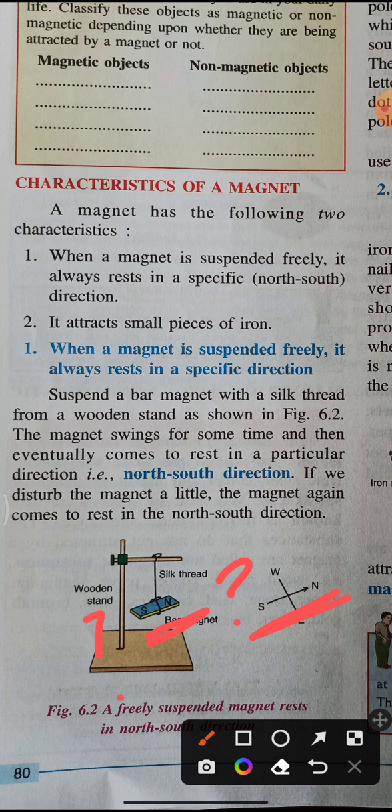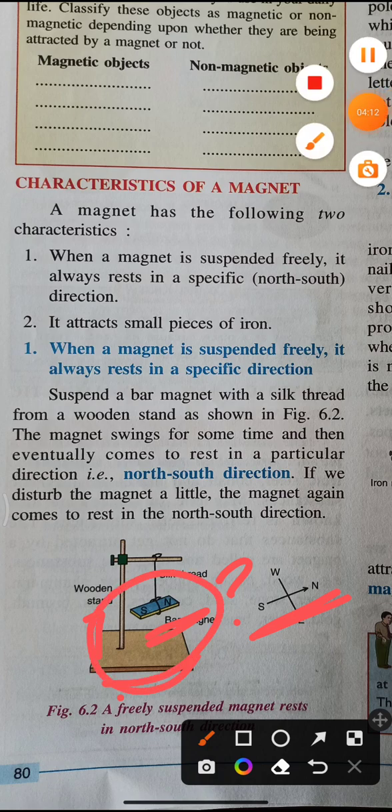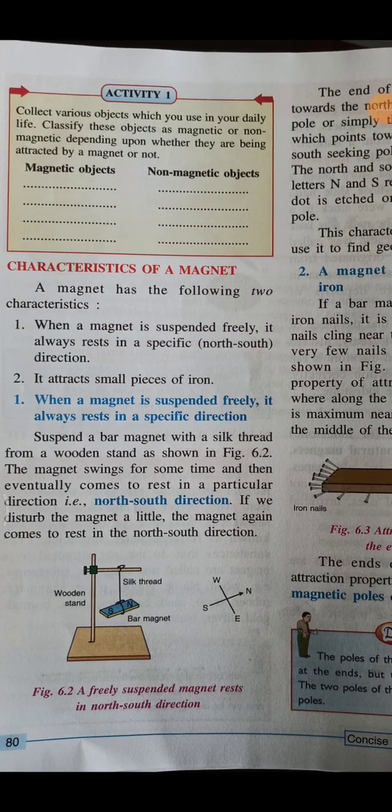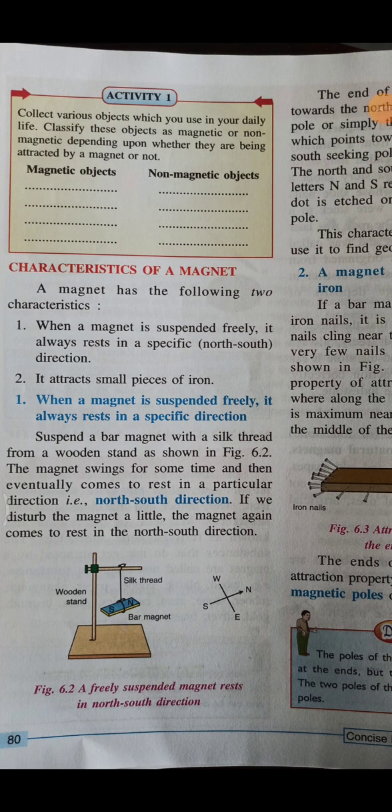And if you again disturb the magnet, means if you touch it with your hand, it will again start swinging, and after some time it will again come to rest, and when it comes to rest, the direction will again be the same. So with this property, it is clear that a magnet always rests in north-south direction. This diagram is also given here.